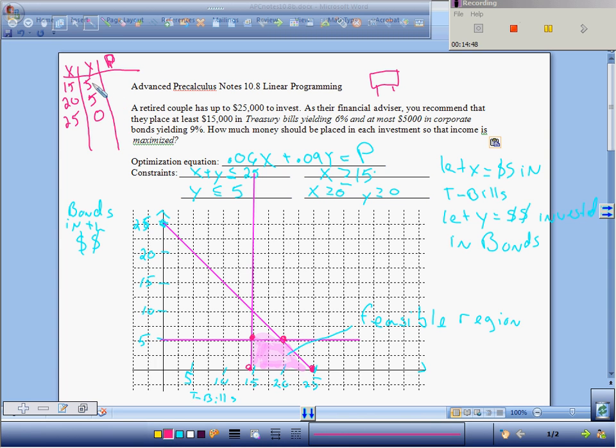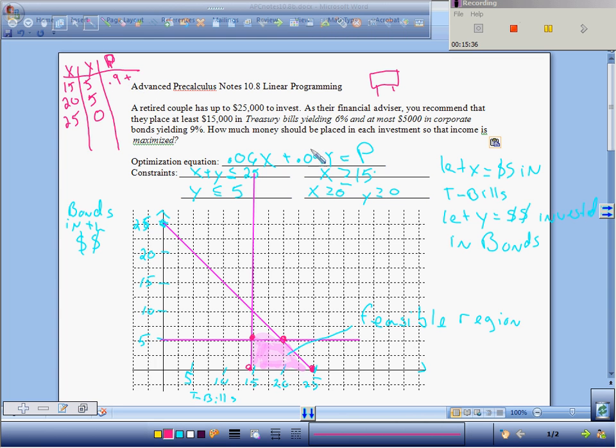So when I plug in 15 comma 5, 15 times 0.06, what's 15 times 6? 90. Okay, so 15 times 6 is 90. Move the decimal place, so I get 0.9, right?